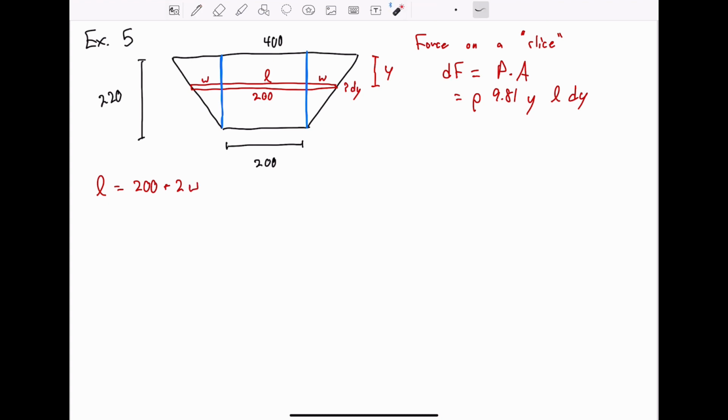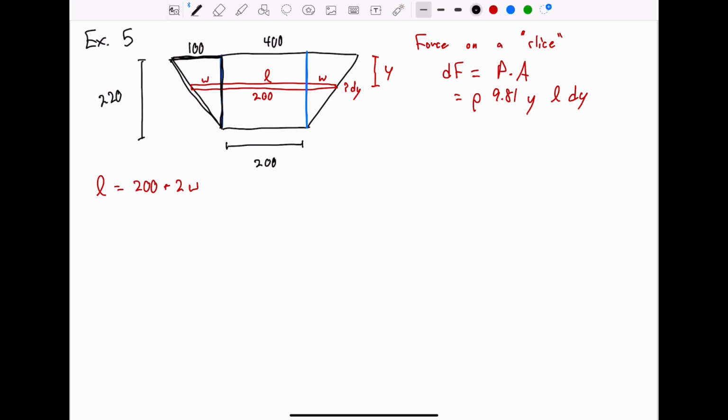And now that we've got these triangles here, we can use similar triangles to find the value of W. So focus on this portion of the figure here. We have an overall triangle, this one right here. And since the total width at the top is 400 meters, we're cutting off 200, so we're cutting off 100 meters at each end. So the top of this triangle measures 100 meters across, and the height is 220.